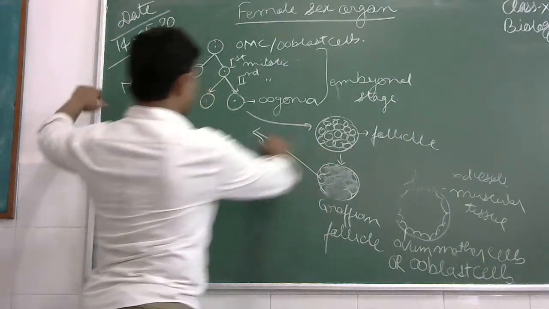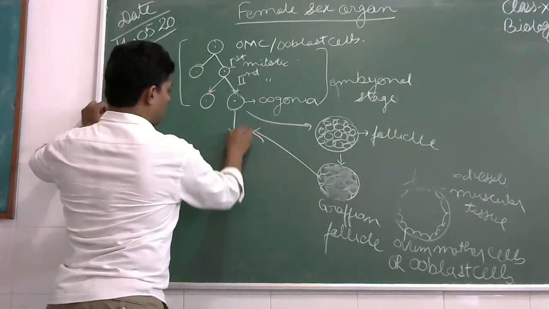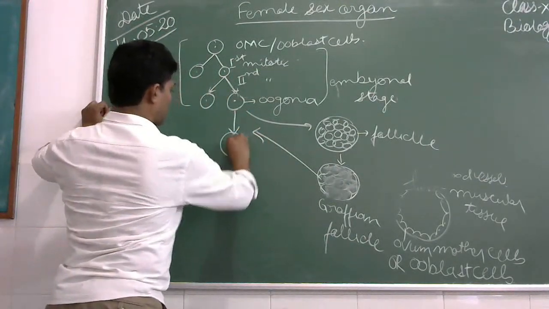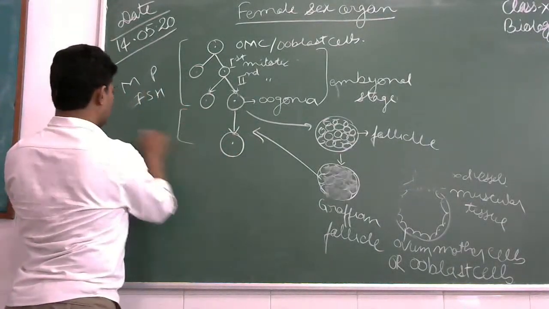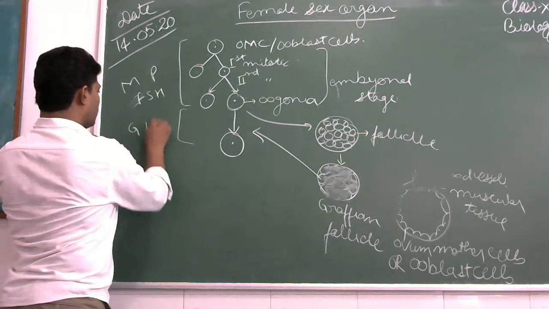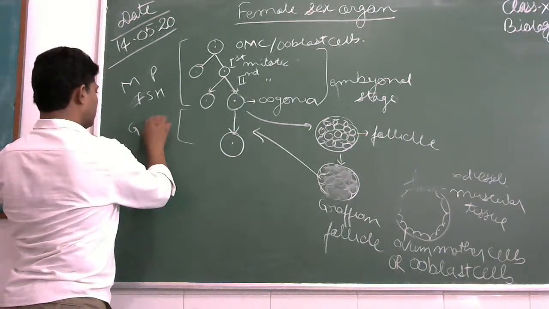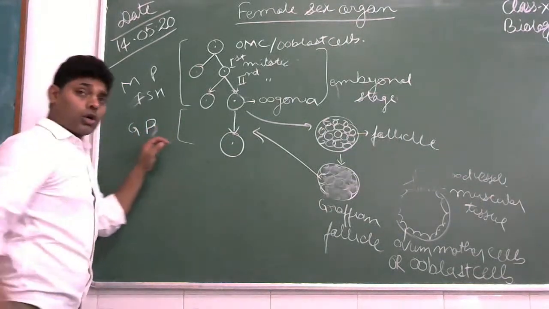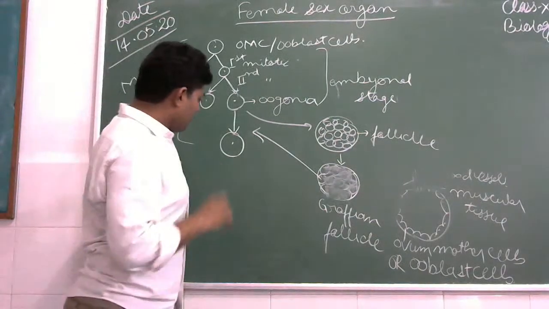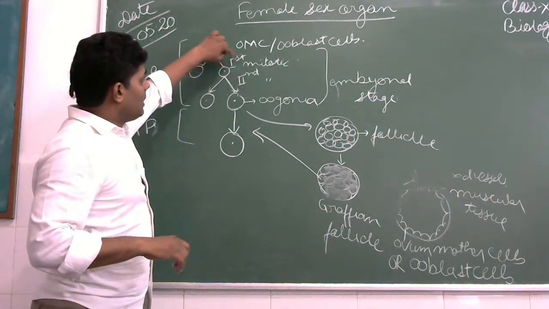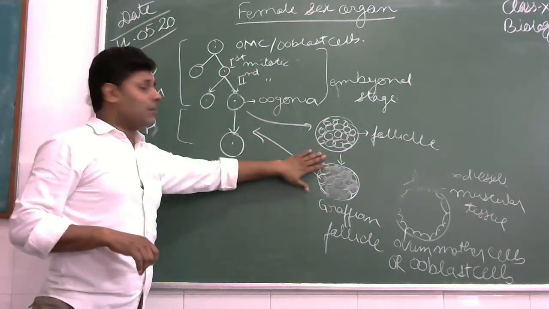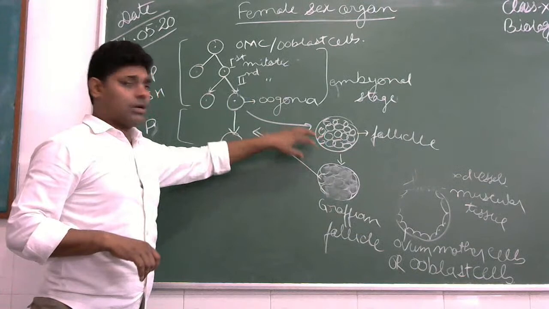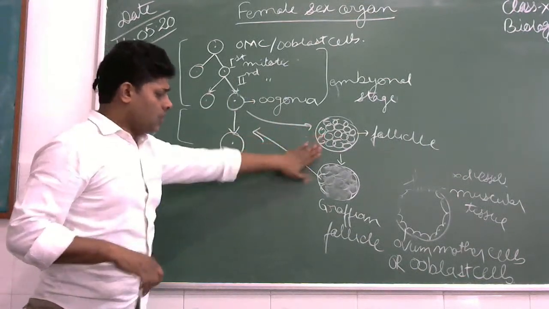So now here we get oogonia, which feed and enlarge. So this is the growth phase. Here mitotic division occurs, oogonia form and remain embedded in the form of follicles.